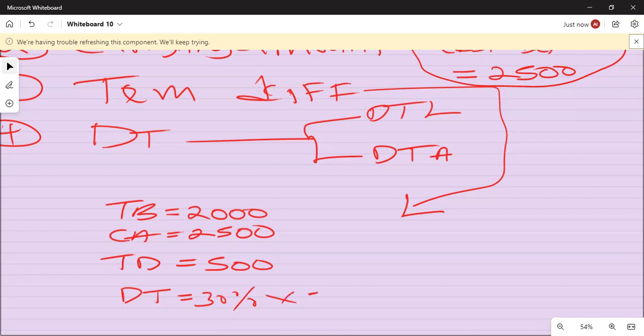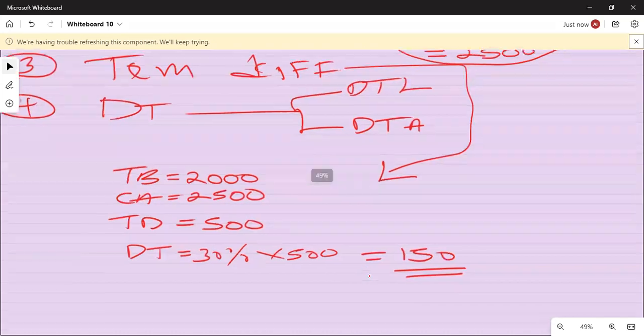So 30% of what now? 30% of 500, that would be the deferred tax. 30% of this is 150. So that means that the deferred tax is 150. And don't forget, deferred tax arises as a result of what we call temporary difference.